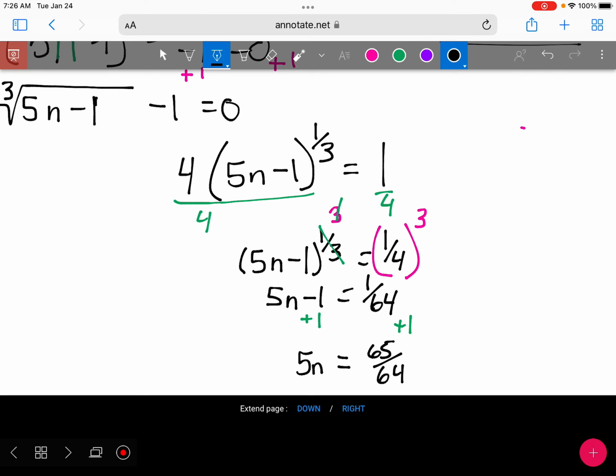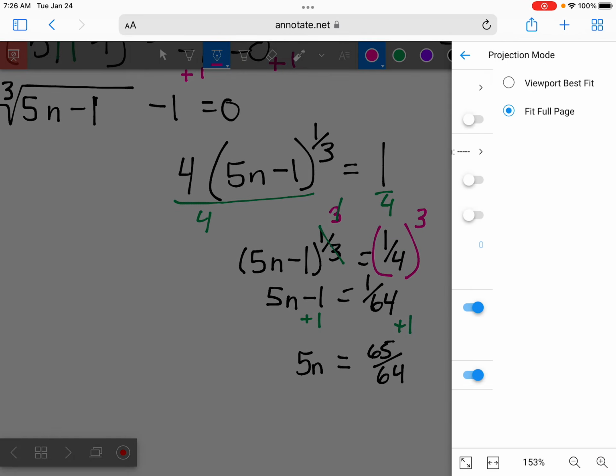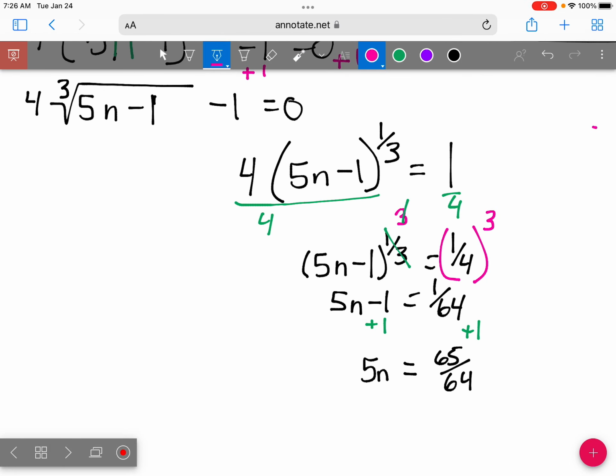Ignoring the right-hand side. What do we need to do to the left in order to get n by itself? I put it in the calculator.